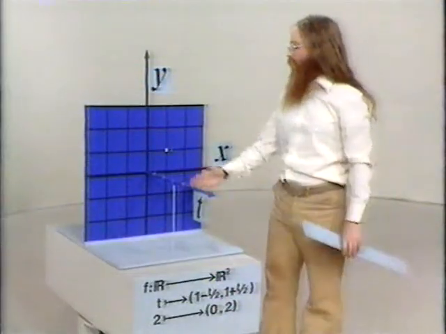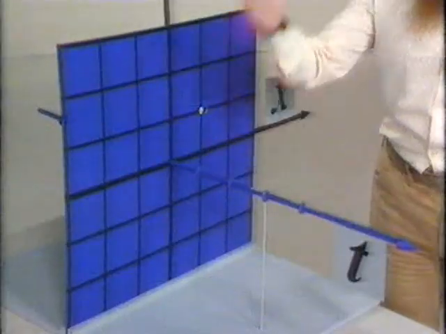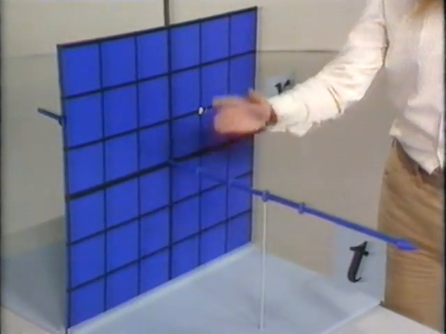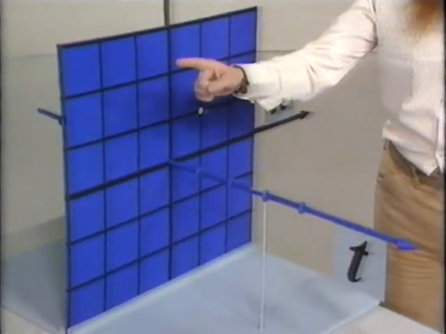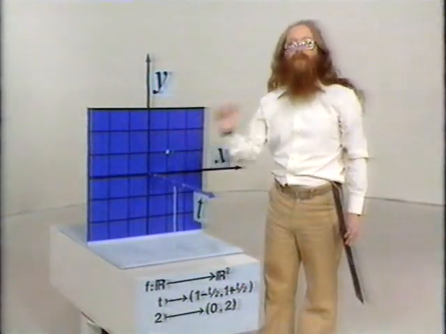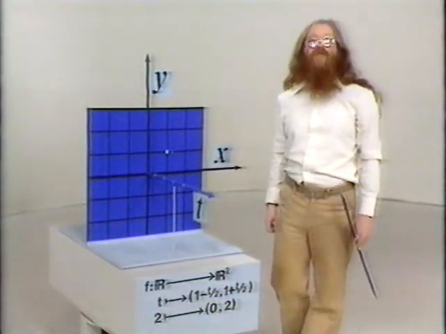So now what we have to do is take another plane, crossing the t-axis at t equals 2, and on this plane we have to mark the point 0, 2. And then we have to do it for all other values of t. Well, we've got an animation that does just that.